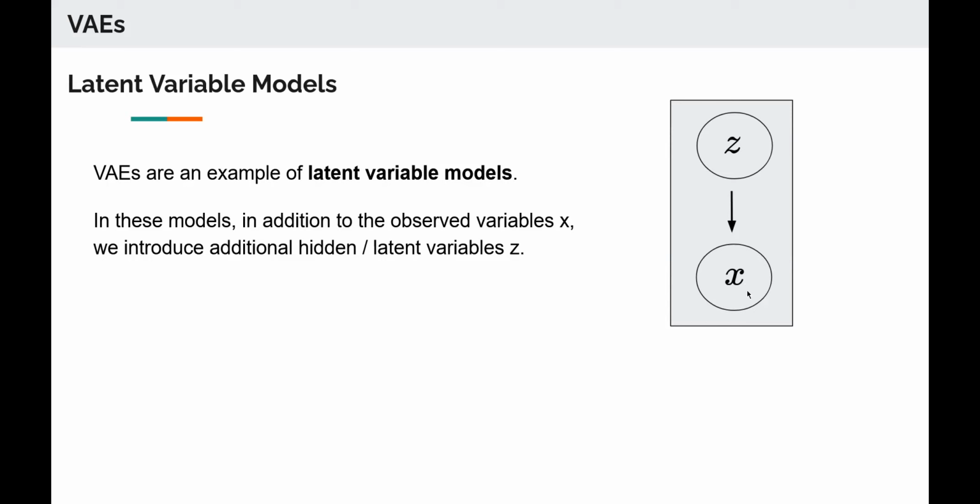Now, in a latent variable model, we believe that the images that we observe have some kind of hidden representation. Hidden meaning we do not observe that representation. For instance, we could say that brain images can be described in a different representation, which consists of, for example, the size of the hippocampus, the amount of gray matter in the brain image, the age of the person, the size of different tissues, and so on.